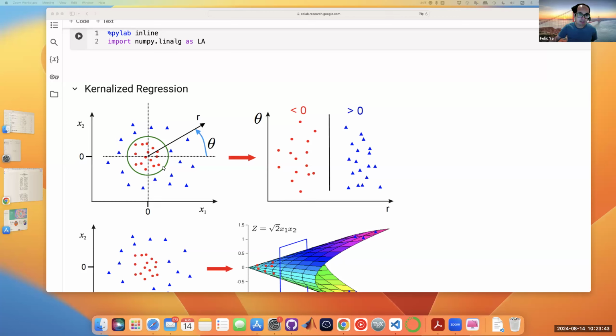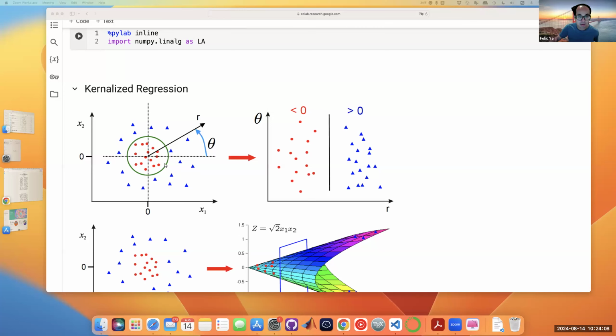But if you think about it in terms of trying to distinguish the blue dots and the red dots, that's a typical classification problem. This also happens here. You can see in this picture, just simple 2D data, we have blue dots on the outside and red dots in the middle.